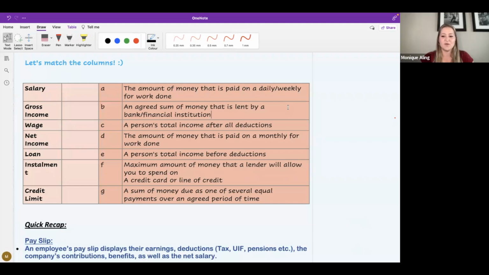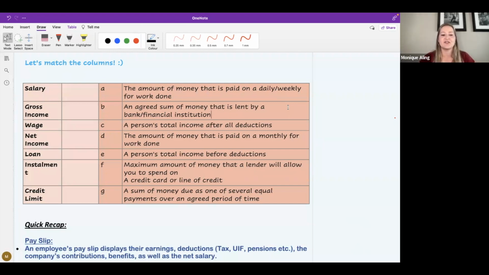Most of these words you should have come across before or seen somewhere in a math lit question.